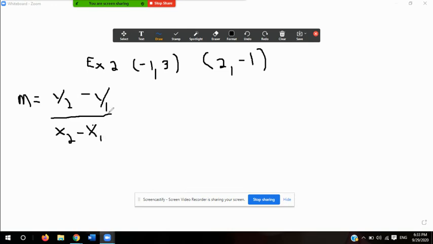So obviously we'll label this coordinate right here x sub 1, and we'll label 3 y sub 1, and we have x sub 2 and y sub 2.